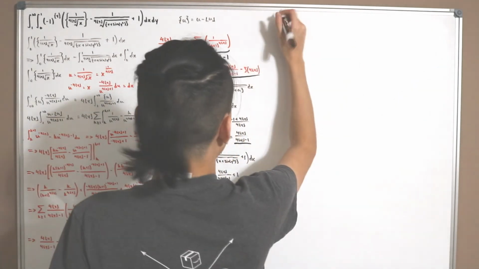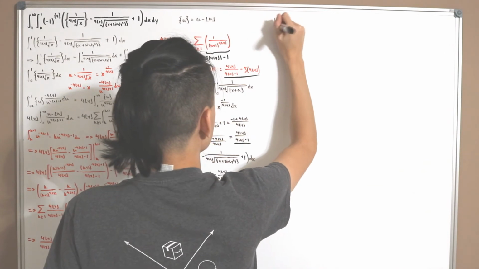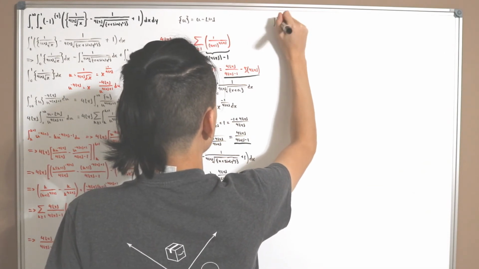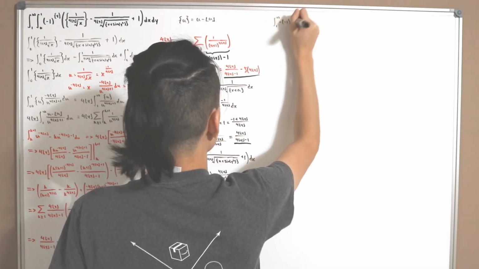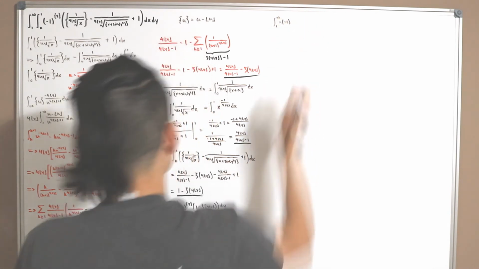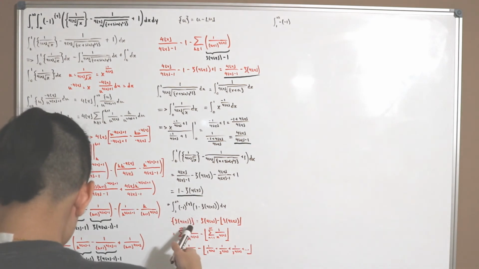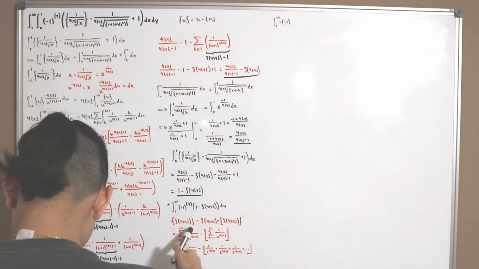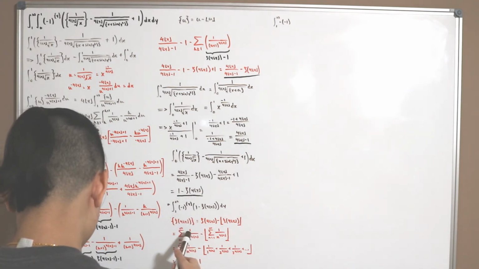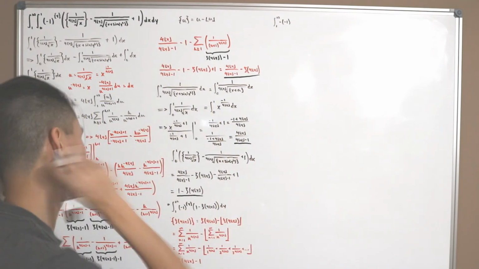So now let's actually replace this. We're going to end up with the integral from 1 to infinity of negative multiplied by (-1) to the power of y. So we have a fractional part of y over here, so how about instead I replace that with the definition of our fractional function.